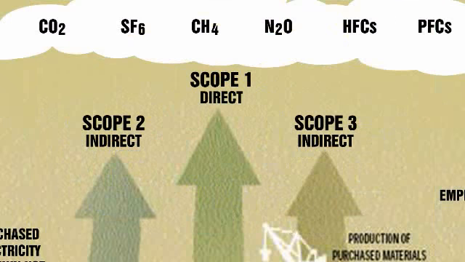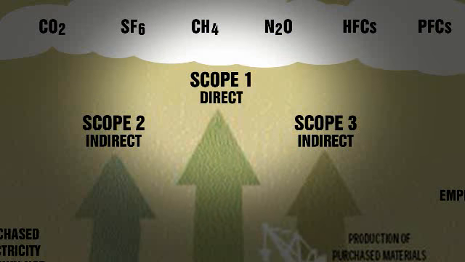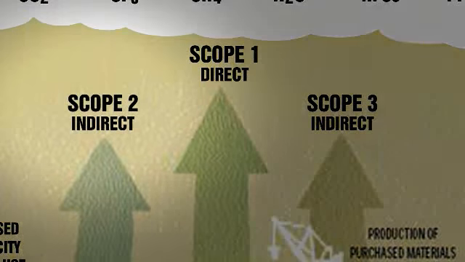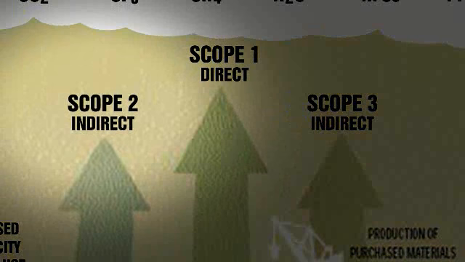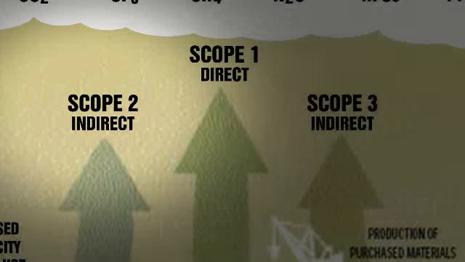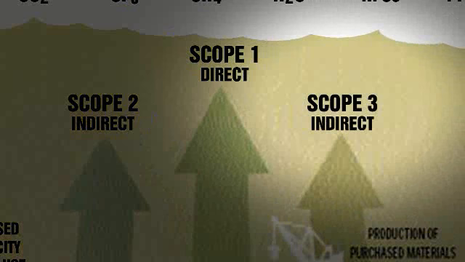Very simply, Scope 1 relates to emissions produced directly by the organisation, for example, burning diesel for generators, gas for boilers, or fuel for company vehicles. Scope 2 relates to emissions produced from the generation of electricity used by the company. And Scope 3 relates to business travel and all other supply chain emissions.